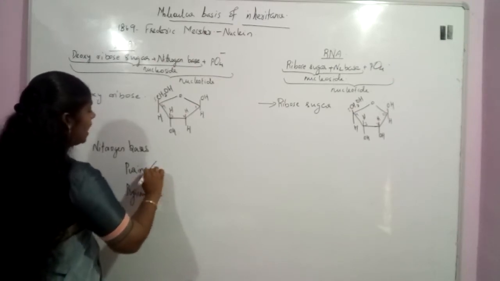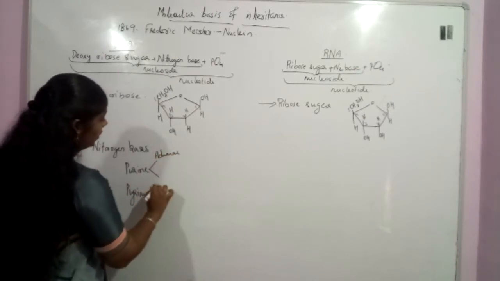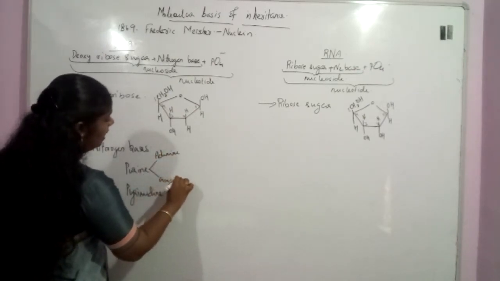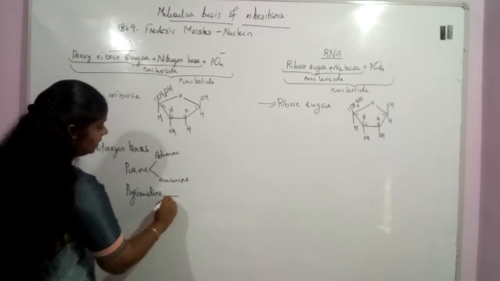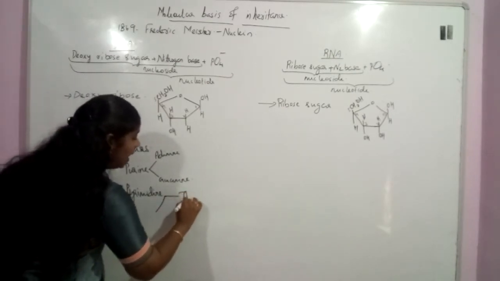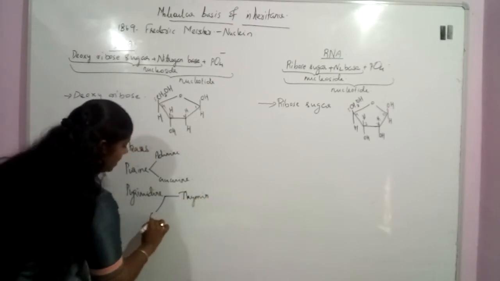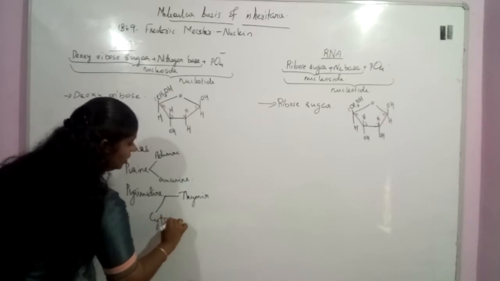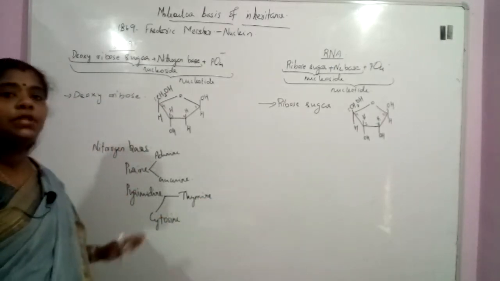And purine there are two different types, that is adenine and guanine. Adenine and guanine. And pyrimidine there are two different types, that is thymine and cytosine. Thymine and cytosine. These are the two different types of pyrimidine.